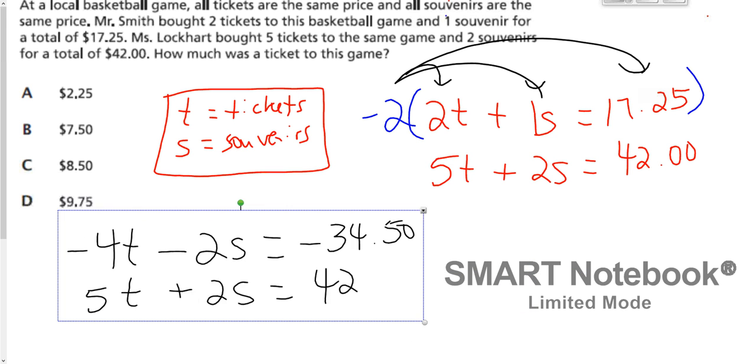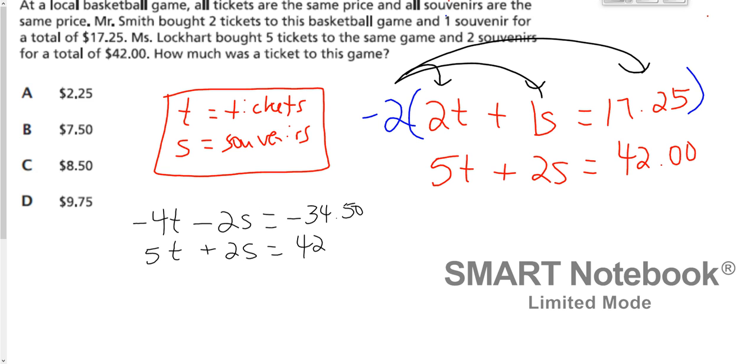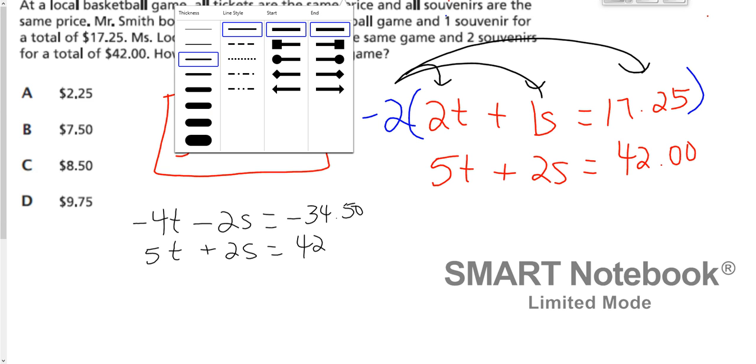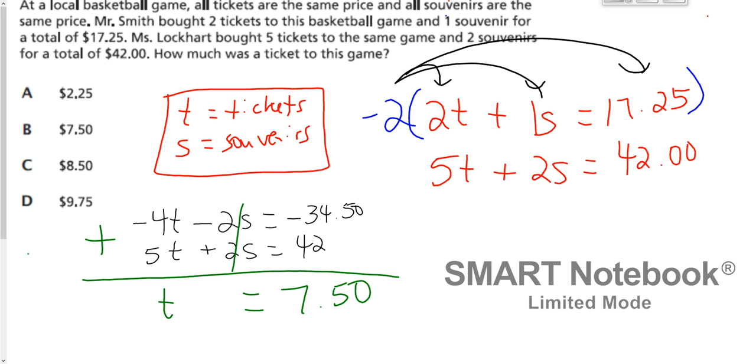Just moving it over here, making it smaller. There we go. So now that we have our opposites, we can add this together. Negative 4t plus 5t is 1t, or just t. Negative 2s plus 2s cancels out. And when you add this together, you get 7.50. So t equals 7.50. That's what we were looking for, the ticket to the game. That's the answer.